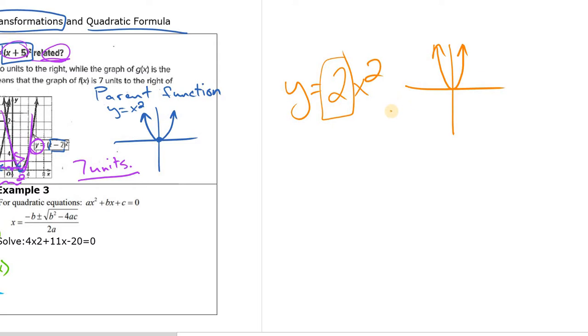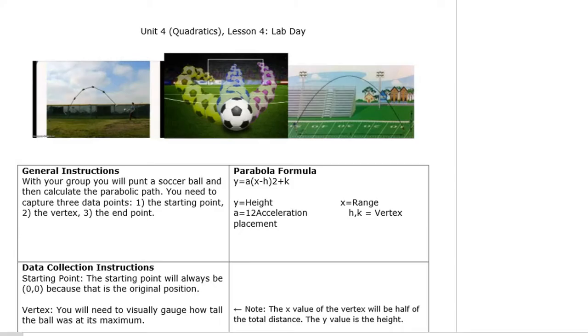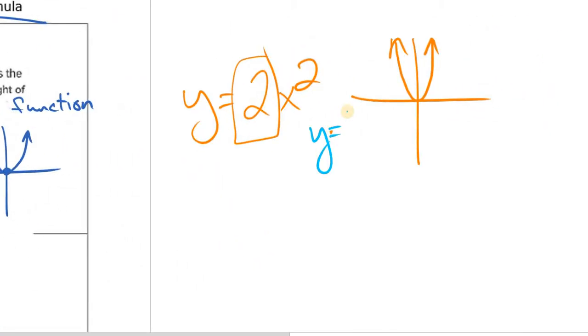If this had been, let's change colors, well, I wanted to change colors, but not the entire page. All right, back to here. y is equal to, let's say, 4x squared. That makes it even narrower.